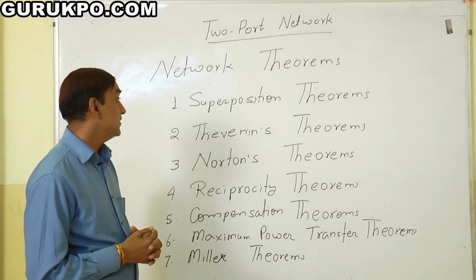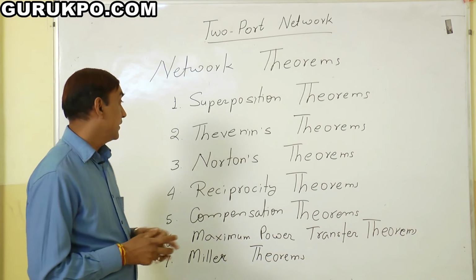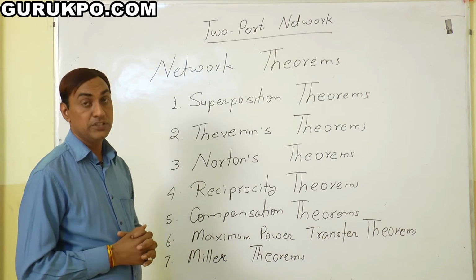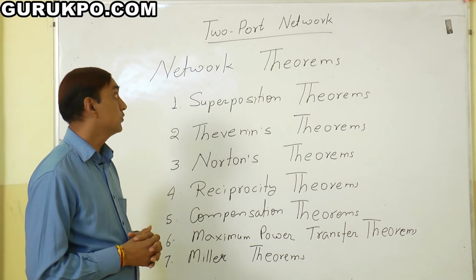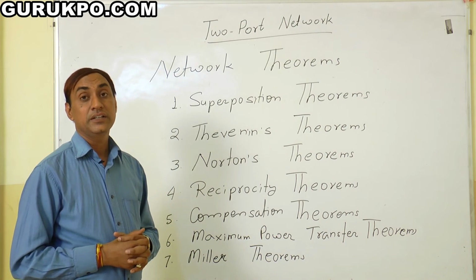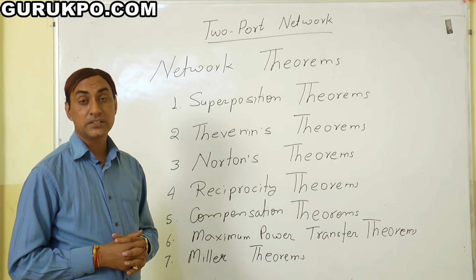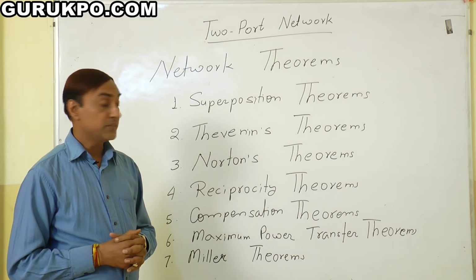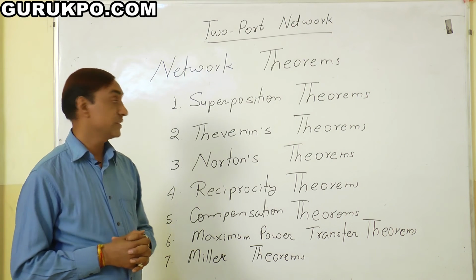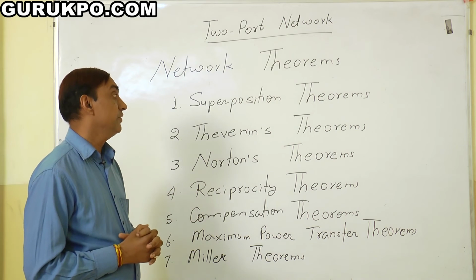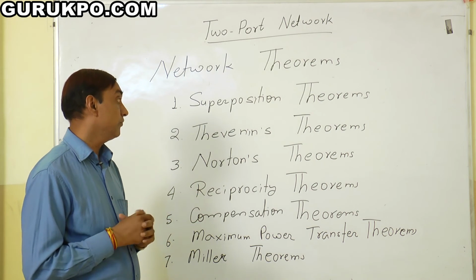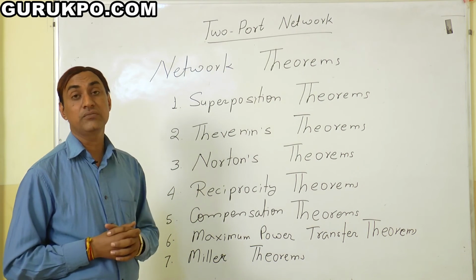That's why we say superposition theorem. Now second one, Thevenin theorem. This is also part of two port networks, where we get the resultant resistance and resultant voltage of any two port network. That's why we use the Thevenin theorem.